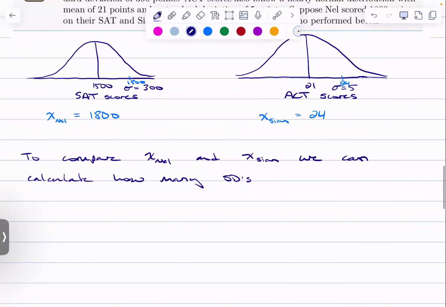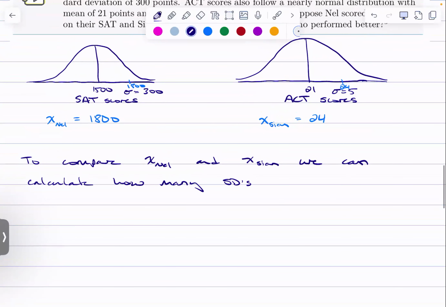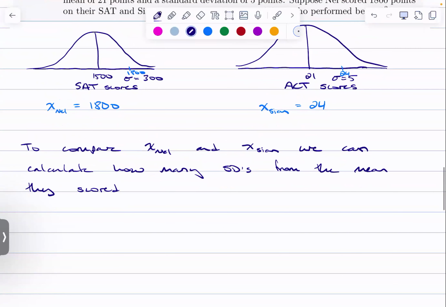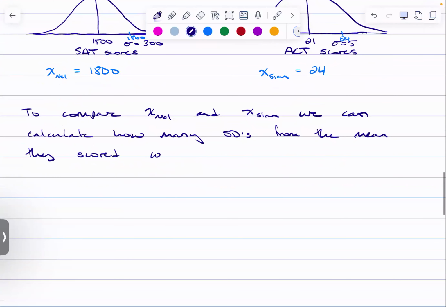In this case, they're both above the mean, but you're allowed to score below the mean. And so let's just talk about from the mean, with respect to their distributions.